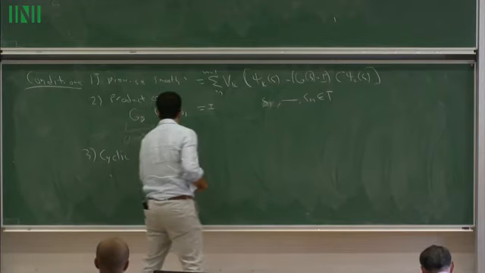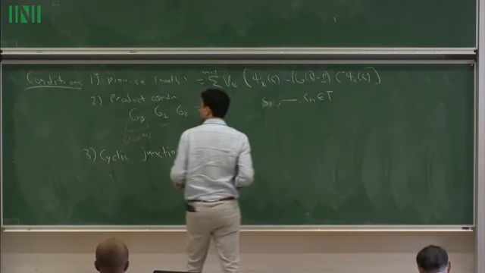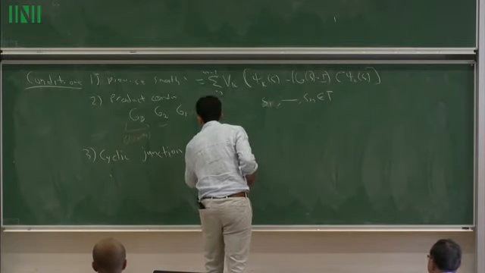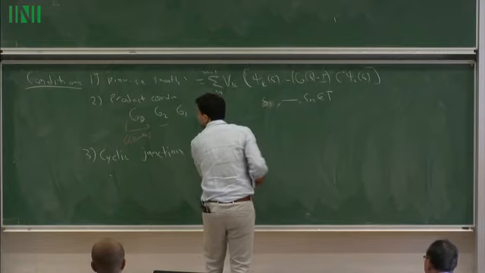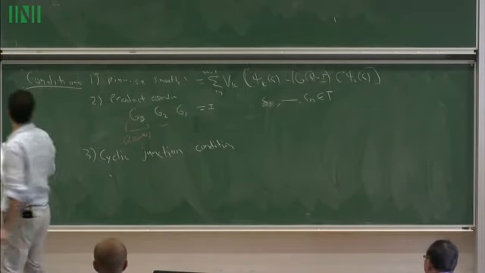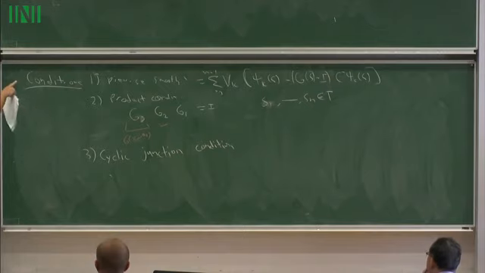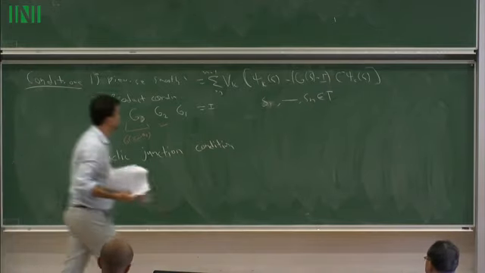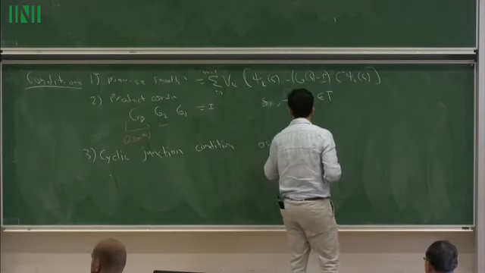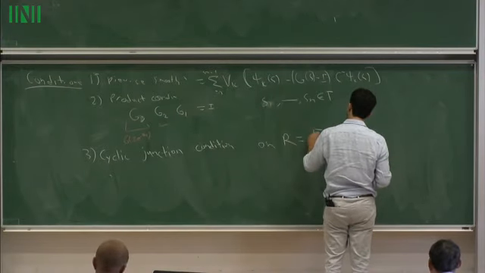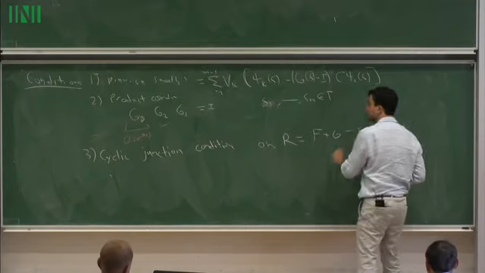So assuming we have the product condition, this is a condition on the right-hand side. So I'll use R, which in this case is F plus G minus I.